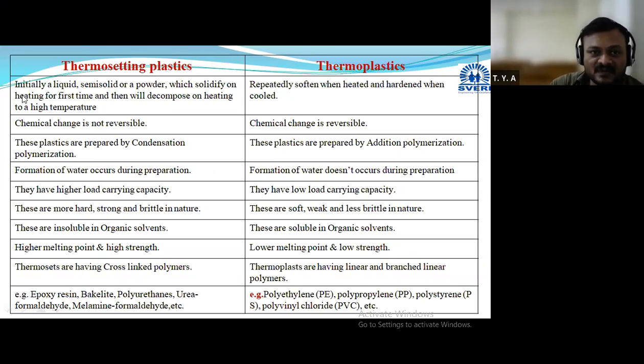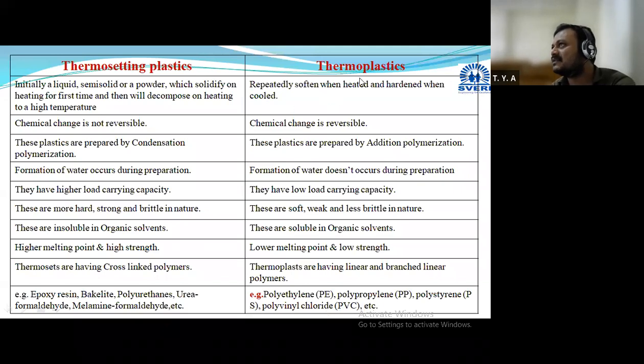Initially it may be liquid or semi-solid or powder, which solidifies on heating for the first time, and then it will decompose on heating to high temperatures. Means you can heat only once. Once it is heated and hardened, after that you cannot change its shape. That is thermosetting plastic material.